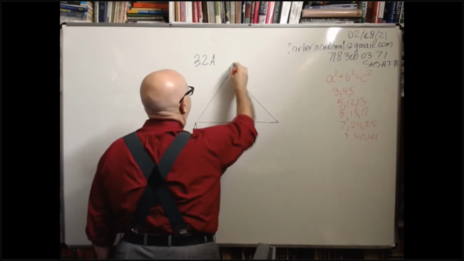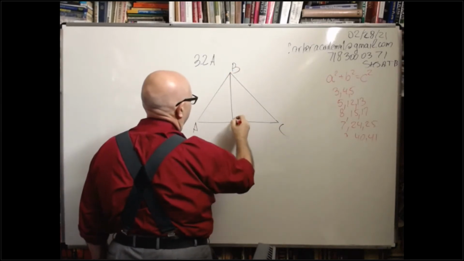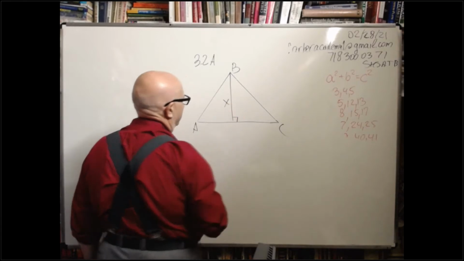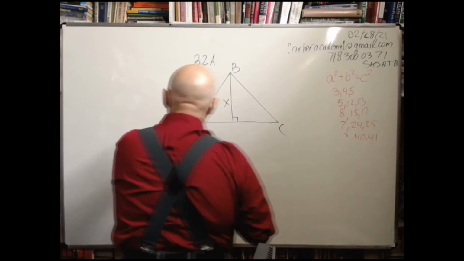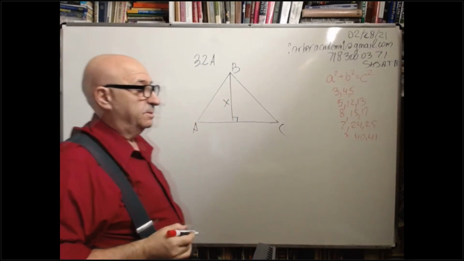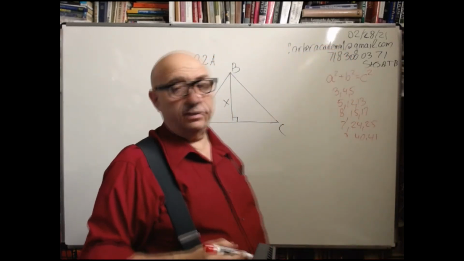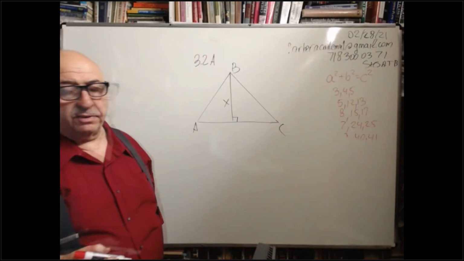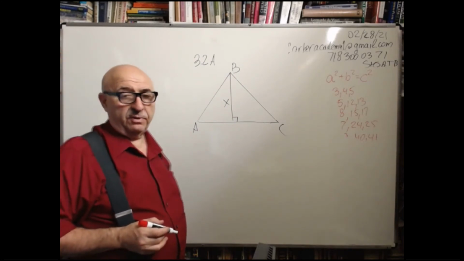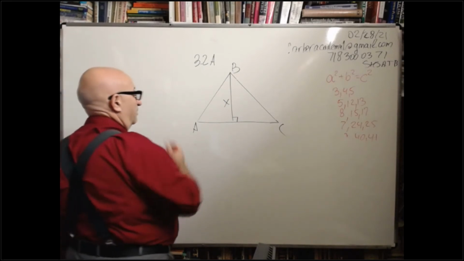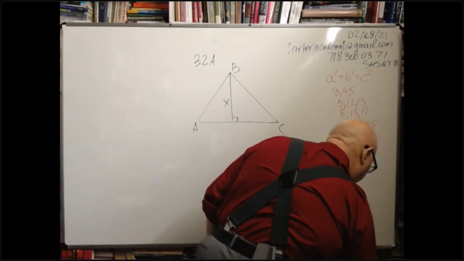There's A, B, C. So make the altitude, and this is X. I change the numbers. For instance, it was 40. I make easy numbers for you, something like 20 or 80 or 16, whatever you have. The left side of this triangle is, what do you have again, 40 or 20? Oh, they have 20.